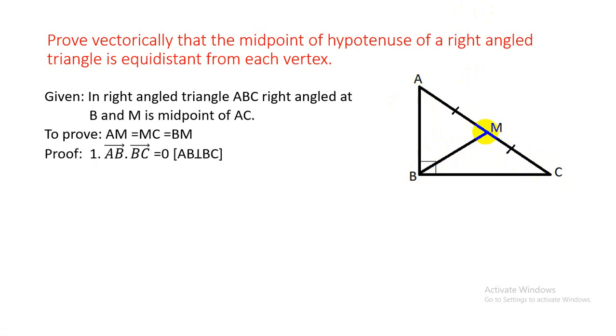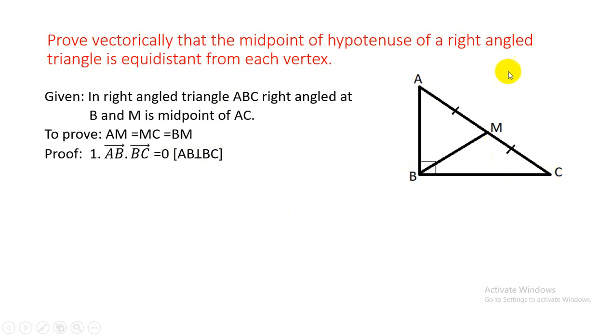Let's prove. At first take AB vector dot BC vector is equal to 0, because AB is perpendicular to BC. When one vector is perpendicular to another vector, their scalar product is always 0.